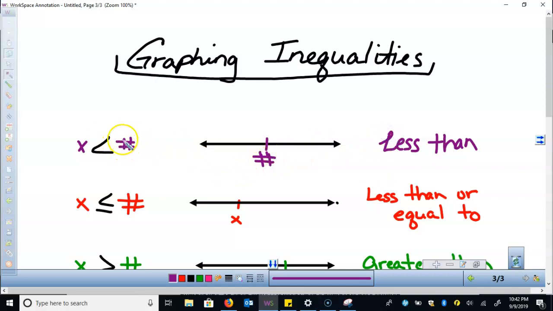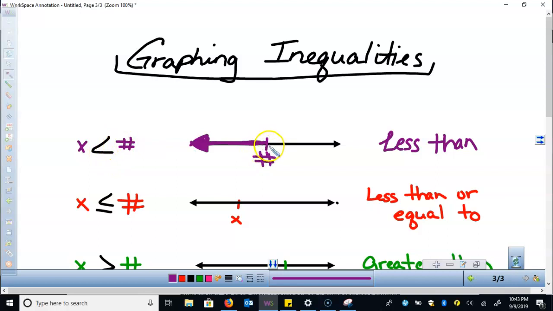So I have my number, and if my missing variable is less than that number, which direction on the number line can I go to remain true? The answer in this case is to the left. All of my lower numbers are going to be to the left no matter what number I start out with. Now comes the next question though. Can I be equal to this number?